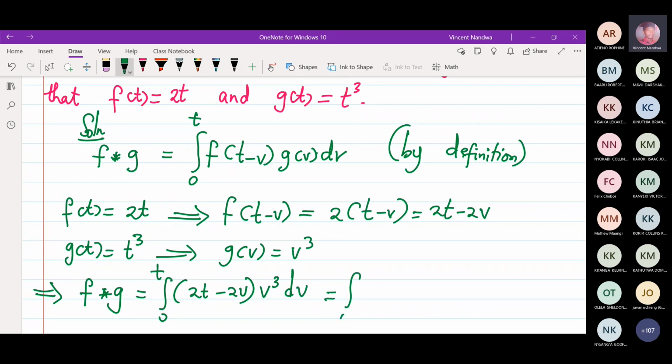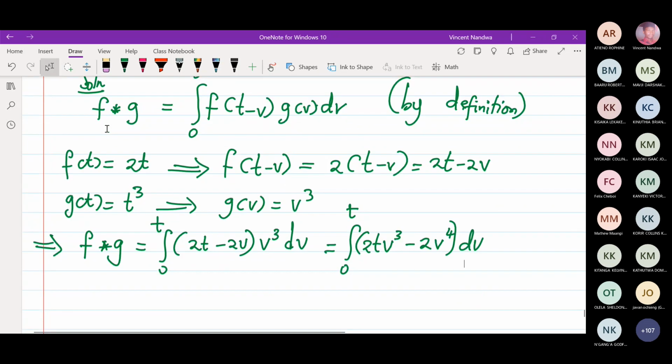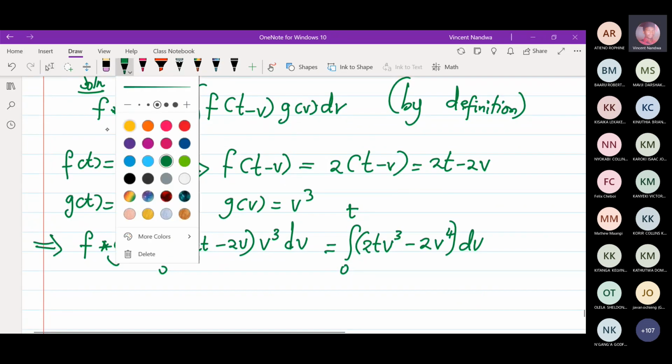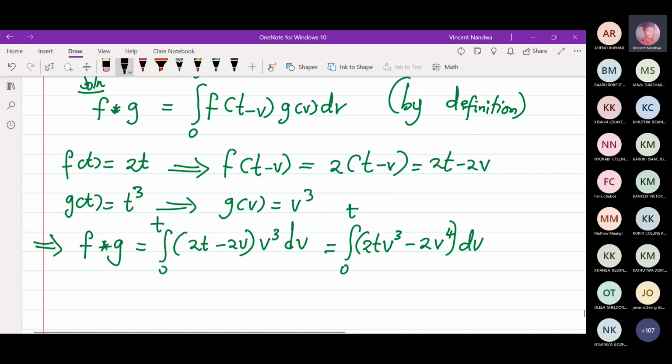So this will be the integral from 0 to t of 2t v power 3 minus 2v power 4 dv. This is just a normal integration problem. Remember, the variable of integration is v. So anything that is not v in this expression is taken to be a constant.